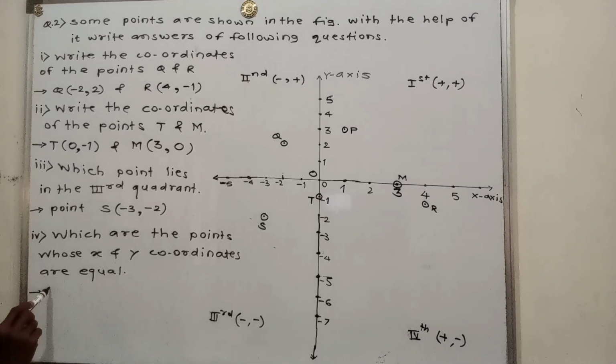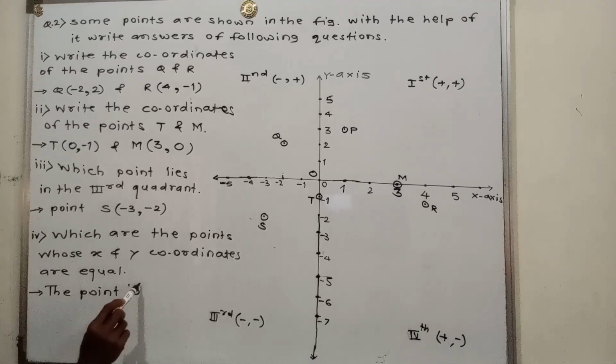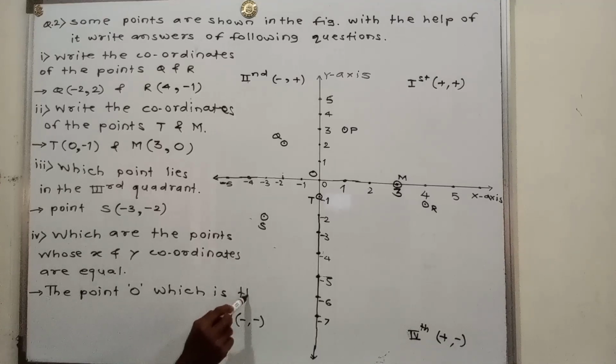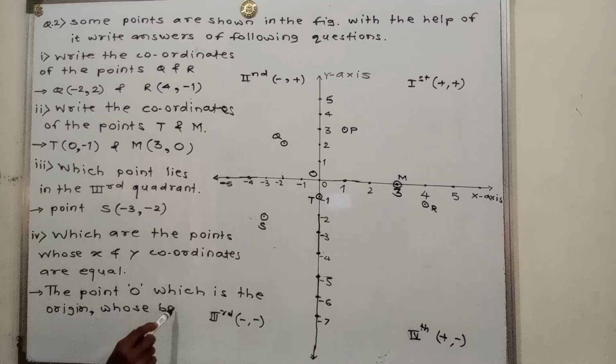That is the point O, which is the origin, whose both coordinates are equal.